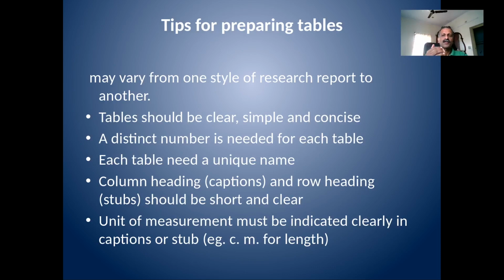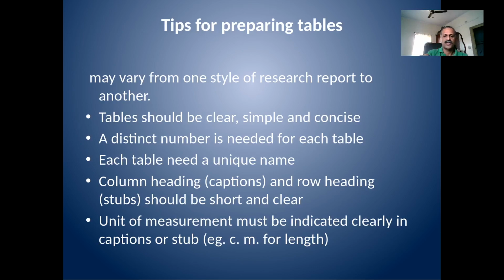For example, from 0 to 5, how many subjects are there? 6 to 10, how many subjects are there? And you give the frequency and the percentage. So this is what is inside the table.